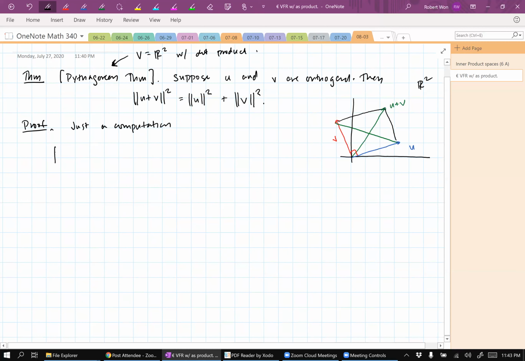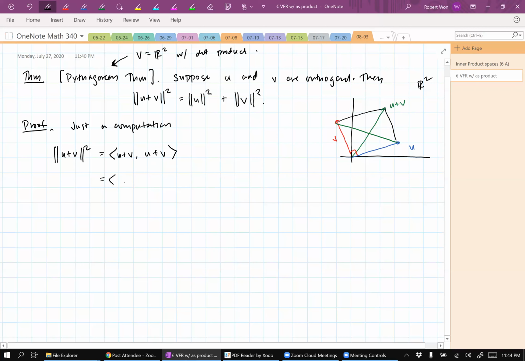Okay, so just a computation. What am I interested in? I'm interested in the norm of u plus v quantity squared. Anytime you see a norm squared, you should think, oh, that's just the inner product of the vector with itself. The norm of u plus v squared is just u plus v inner product with u plus v. And now inner products are additive in both coordinates, right?